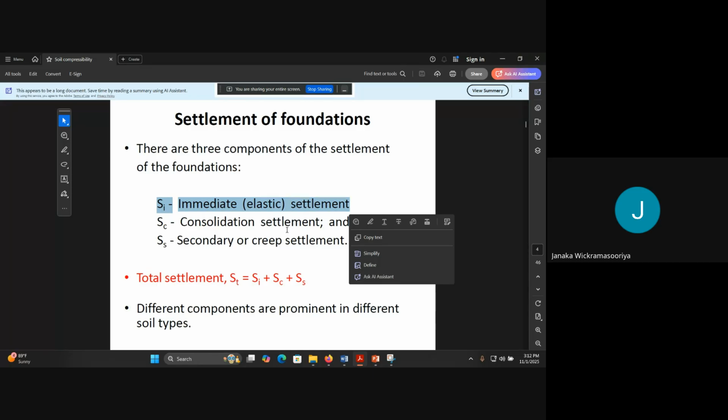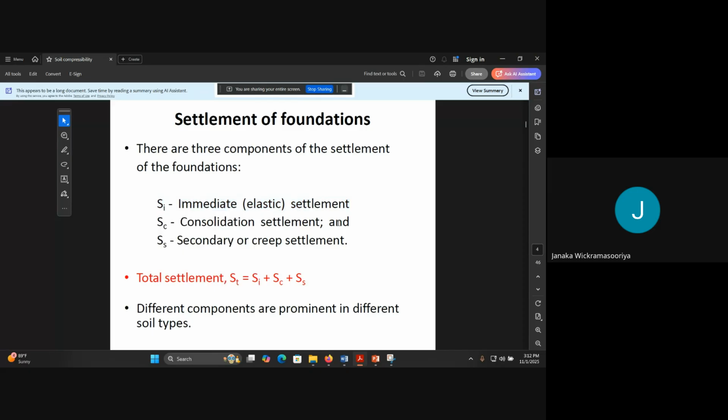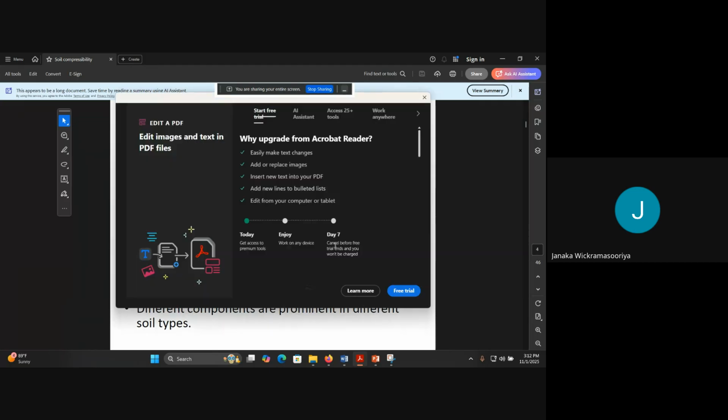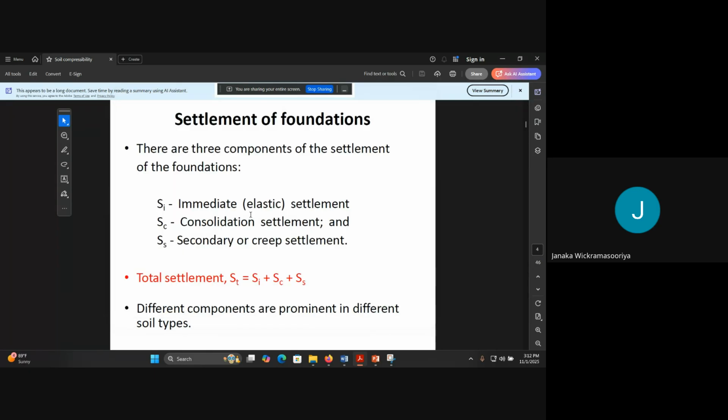These kinds of settlements are immediate settlements that might be due to any external force, that is, due to the compaction. That means it is due to the removal of air. So immediate settlement happens due to the removal of air, and with time the consolidation settlement happens, and then the secondary or creep settlement happens.